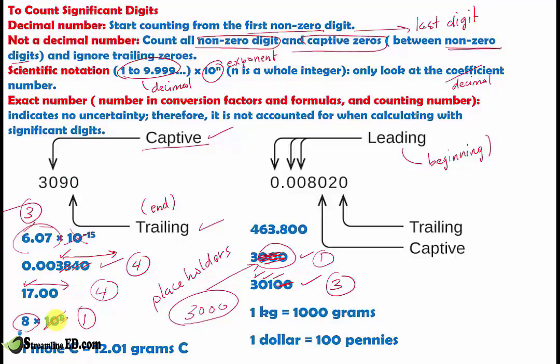That means when you do your calculation, you ignore the significant digits in exact numbers. For instance, we have 1 mole of carbon equal to 12.0 grams of carbon, or we have $1 equal to 100 pennies, or we have 1 kilogram equal to 1,000 grams. Now, in this case, we don't care about the significant digits in these numbers when we do our calculation.